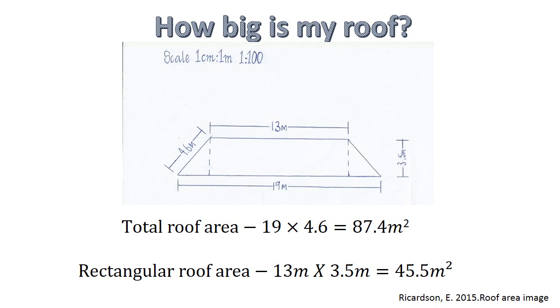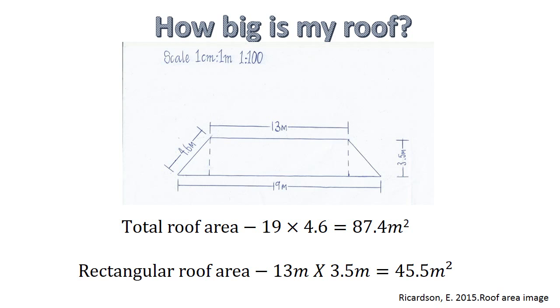To figure out the total area of my roof, we will multiply length by width. As seen in the image, my roof is 19 metres in length and 4.6 metres wide. 19 metres times 4.6 metres equals 87.4 metres squared.